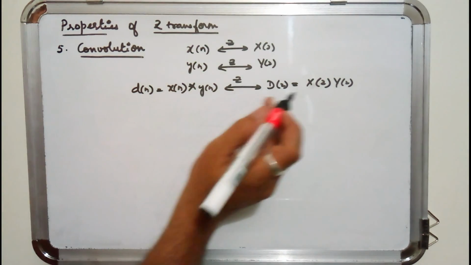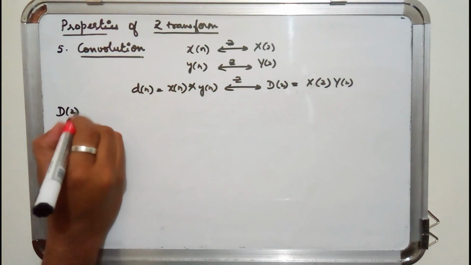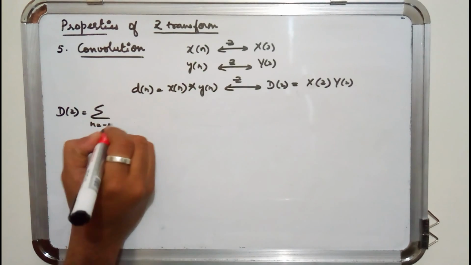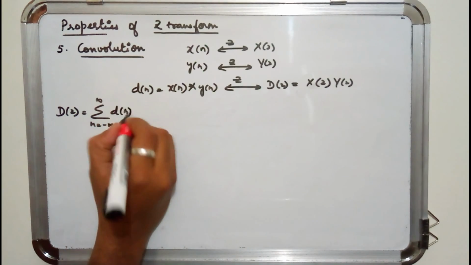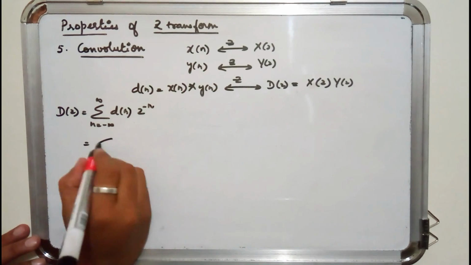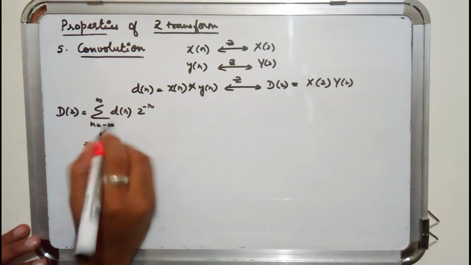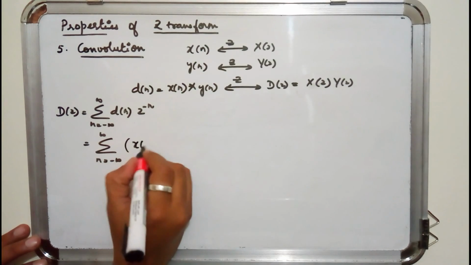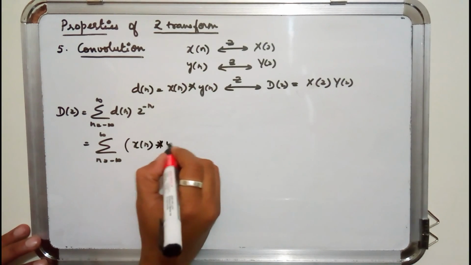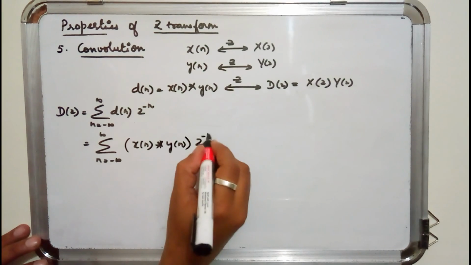So what I need to prove is I need to find what is d of z, that is summation n is equal to minus infinity to infinity d of n z power minus n. So summation n is equal to minus infinity to infinity, d of n is x of n convolution y of n, z power minus n.